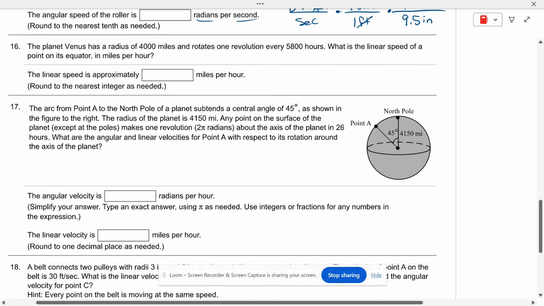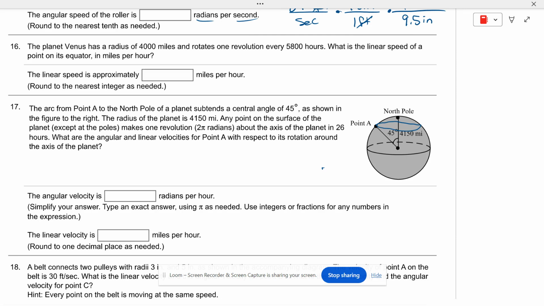All right, the planet one. This trips people up every year, because I think you can get this one easy enough. Now, if you're rotating around this planet, you're rotating a circle up here.